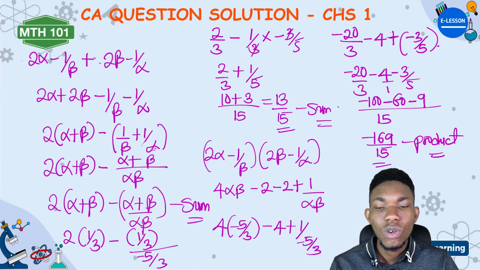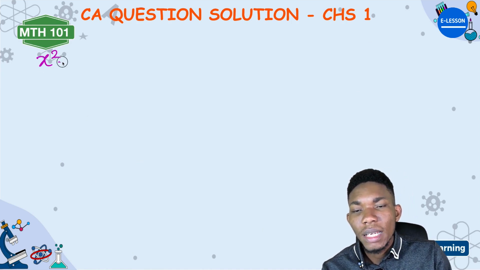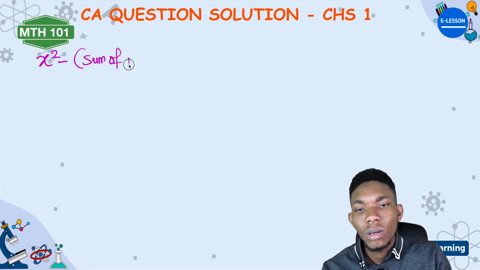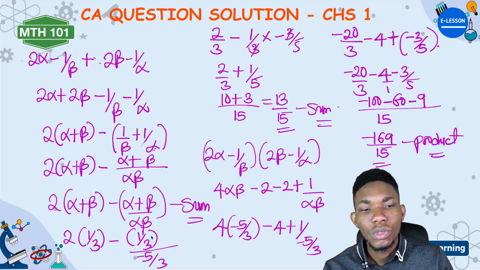This is our sum. Now, what is the formula again? We say x squared minus the sum of roots, bracket x, plus the product of roots is equal to 0. So what did we get as our sum of roots? We got 13 over 15.